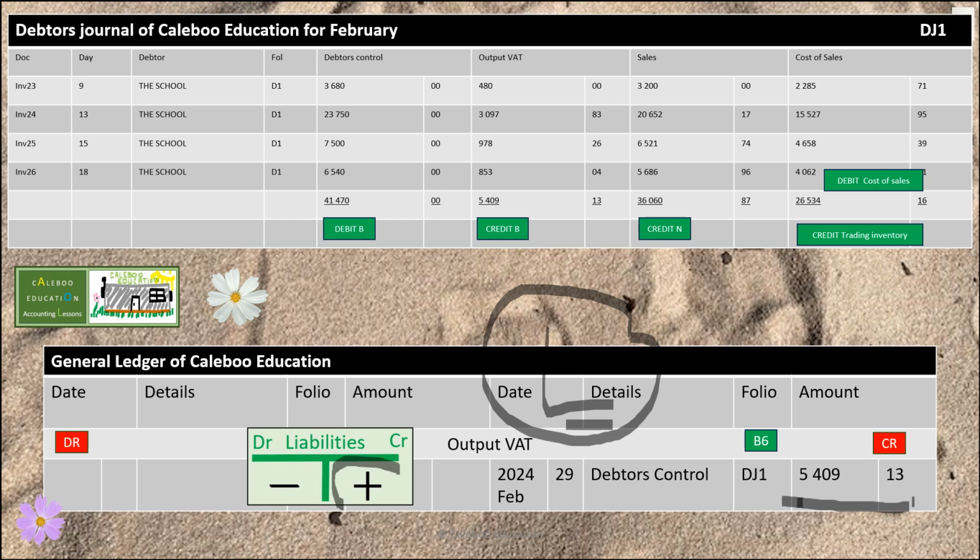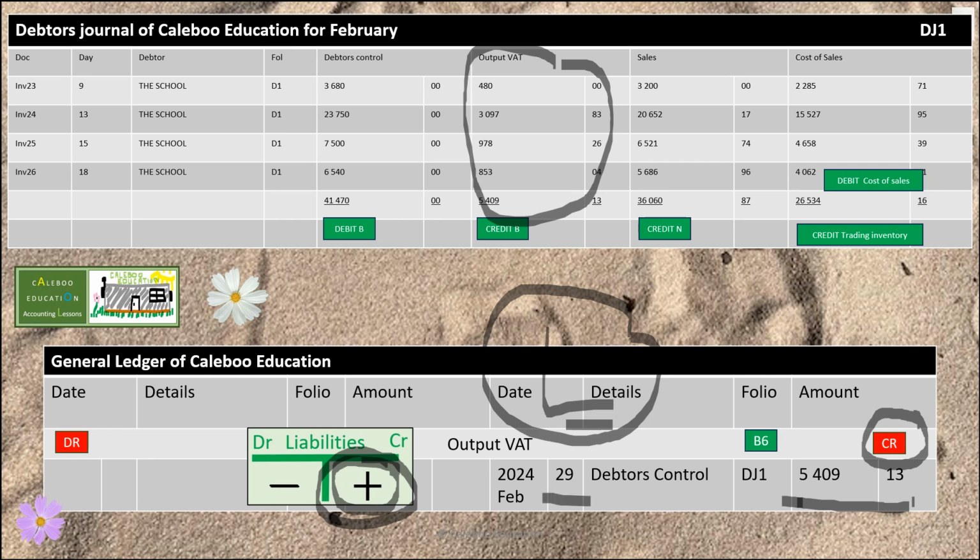If there's an increase in liability from these credit sales, there is an increase in output VAT, tax that we are collecting on behalf of the revenue services. If the liability has increased, the entry must go on the credit side.